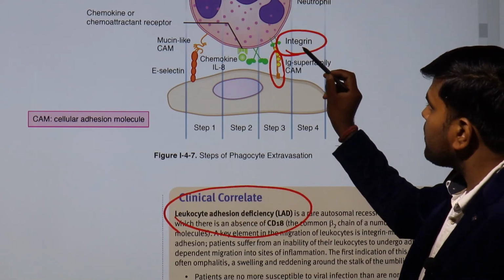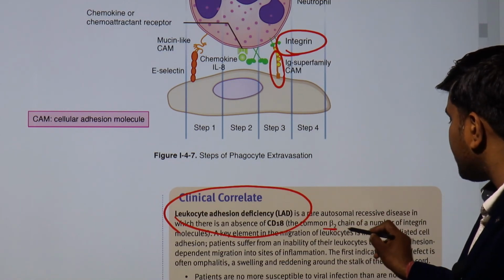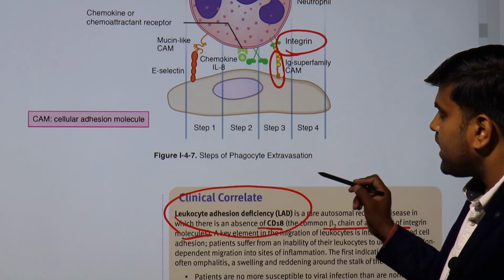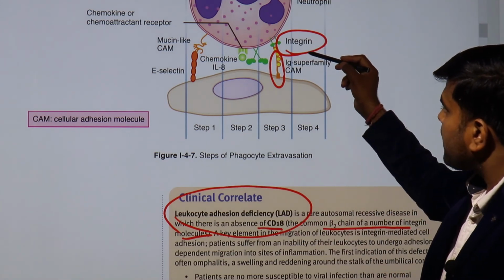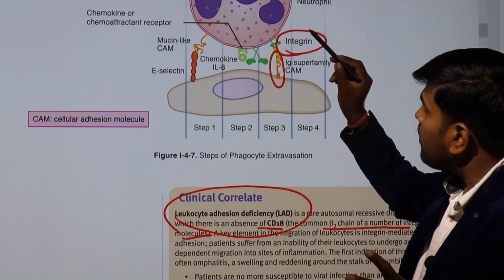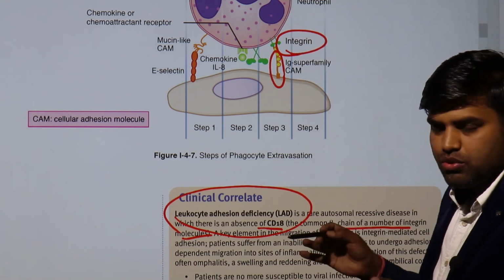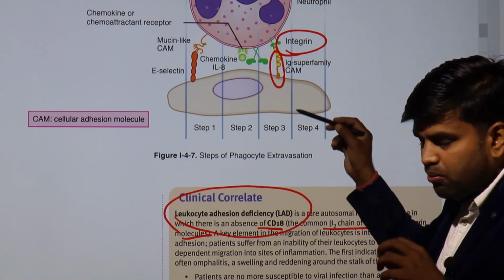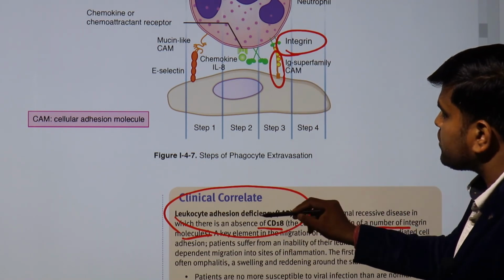Actually, one component, the beta 2 chain of the integrin molecule, also called CD18, is absent, and since this is absent, there will be no tight binding. So the phagocytic cell will not come out into the tissue; it cannot reach the inflammatory site, it cannot come out from the blood vessel, and that is called leukocyte adhesion deficiency.